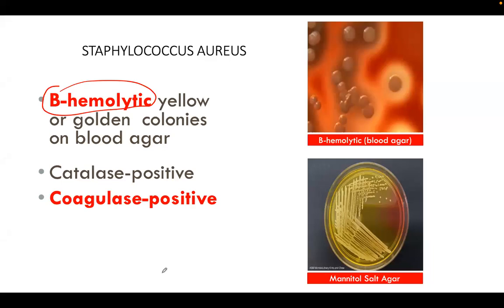You might get confused because the Lancefield classification utilizes, number one, the carbohydrate, and number two, the hemolysis pattern. If Staph aureus is not included, then what is included? Perfect, very good. It is streptococci in general.